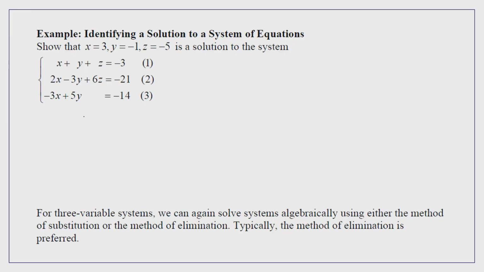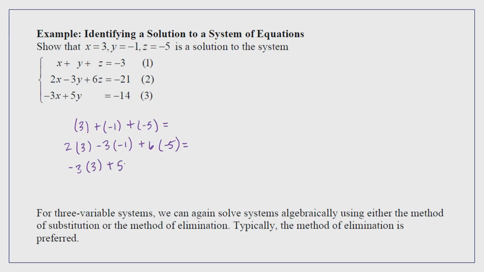So let's substitute in these values. We'll substitute in 3 for x, -1 for y, and -5 for z. I'm going to substitute it all in first before I simplify. You can definitely do it one at a time if you like.